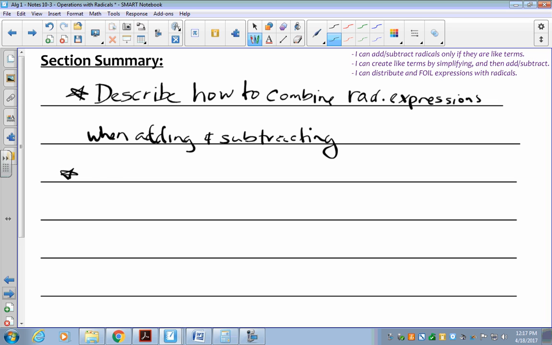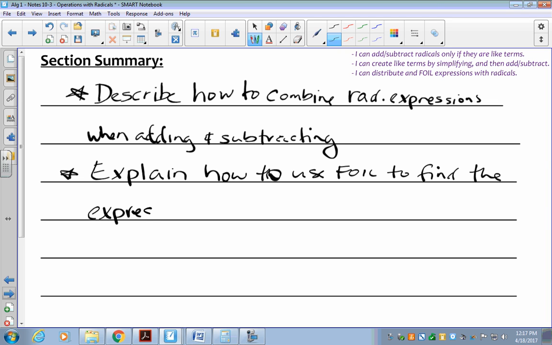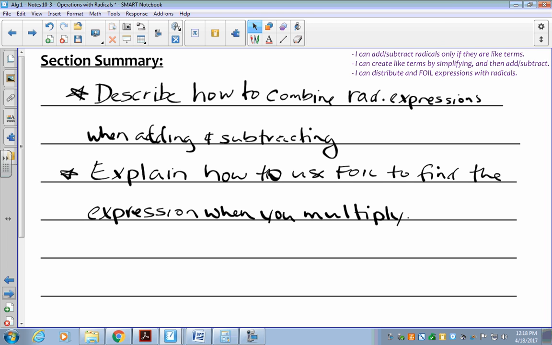And then explain how to use FOIL to find the expression when you multiply. You should do at least 2 sentences on each one of those bullet points.